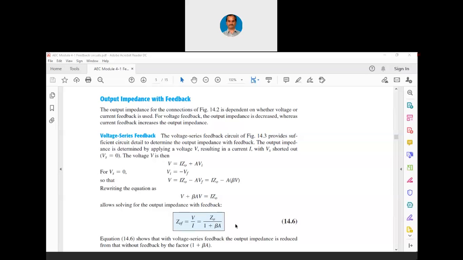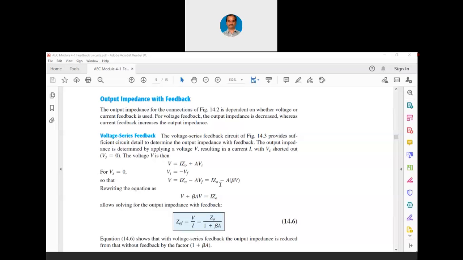In all the three previous modules, whenever we discussed beta, that referred to the current gain of the BJT. Now here beta is the feedback factor of the system or the block. We are discussing the block level amplifier now, not the individual circuit level amplifier.